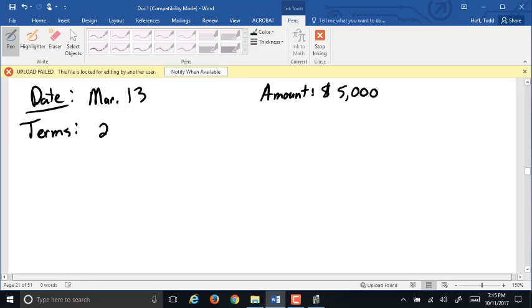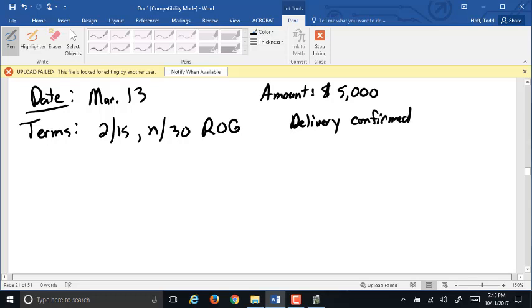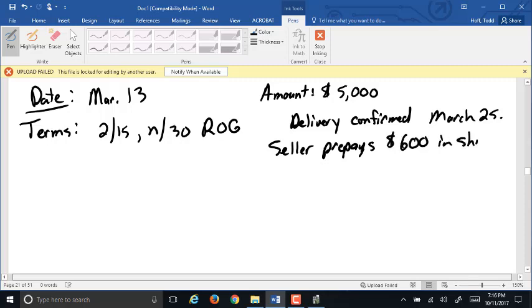Terms, 2/15, net 30, ROG. Delivery confirmed March 25th. Seller prepays $600 in shipping.